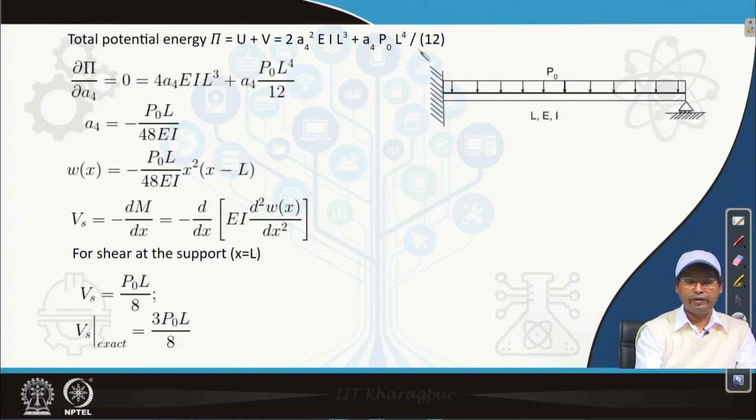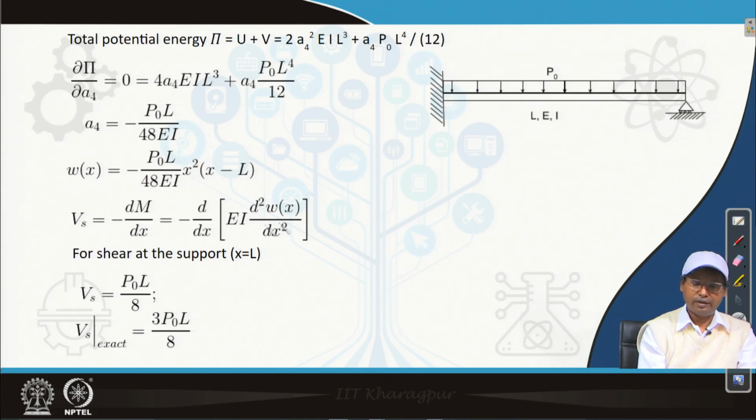With that variation, if we apply that simple partial differentiation, it leads to A 4 equals minus P 0 L by 48 E I, and W x becomes minus P 0 L by 48 E I x square multiplied by x minus L.